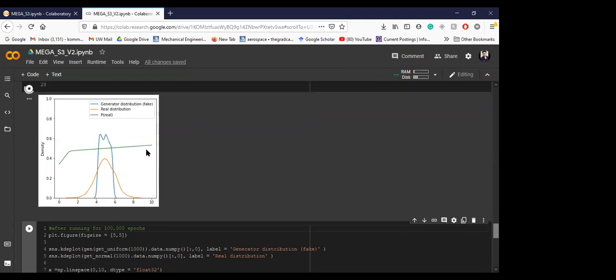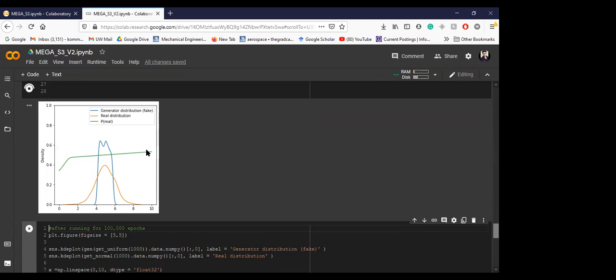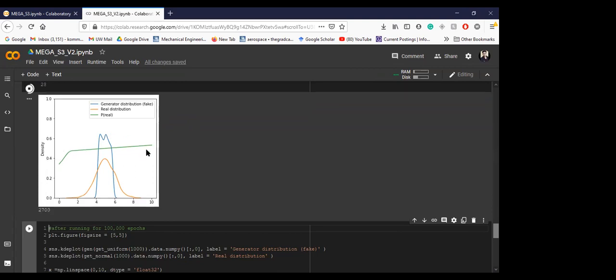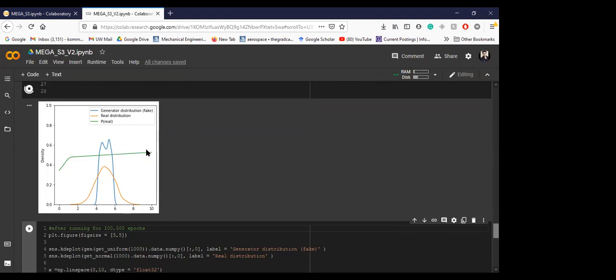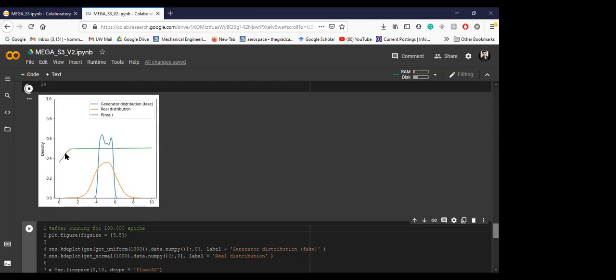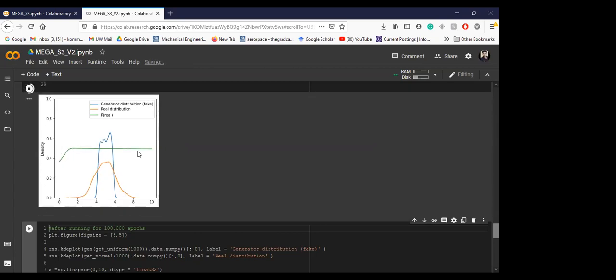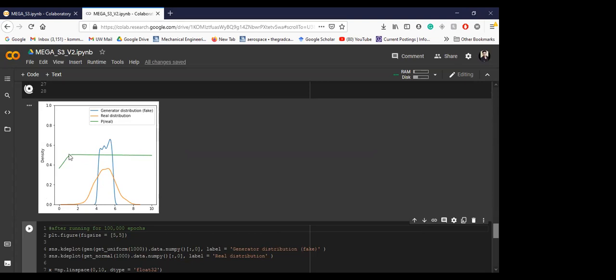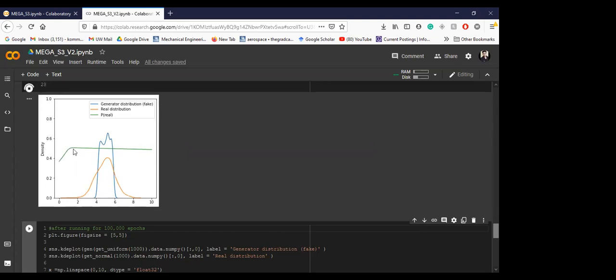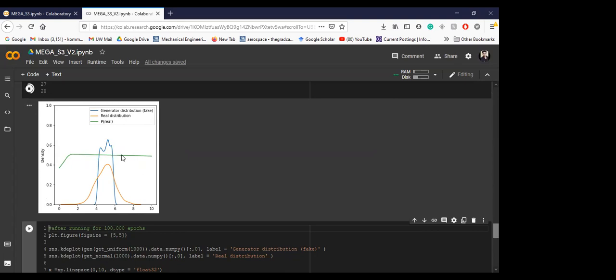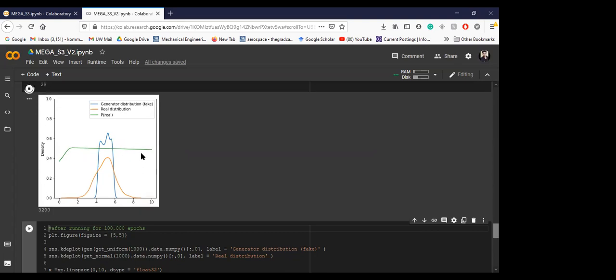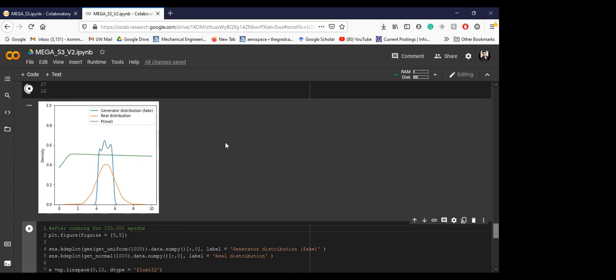And our generator is getting really good at fooling the discriminator. It's starting to look really close, but it's doing a bad job at the edges. We have this line which is mostly 0.5, but it's still slightly bad towards this edge, and apparently this is doing better on this side. So you get the whole idea.